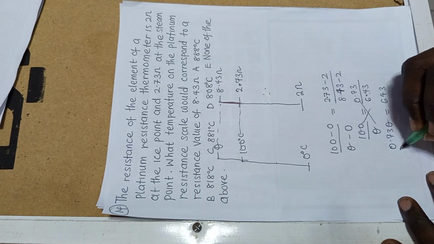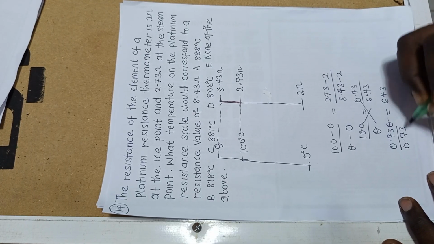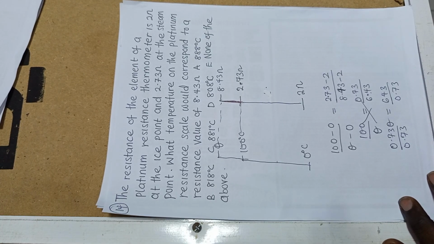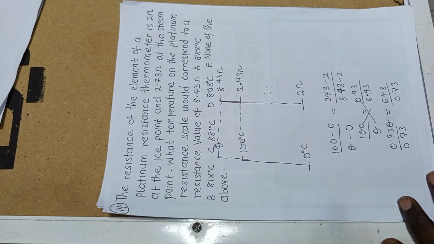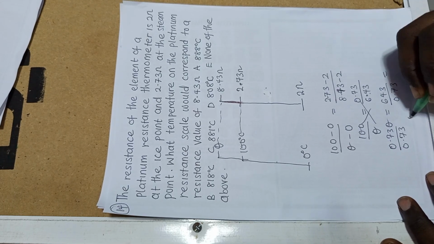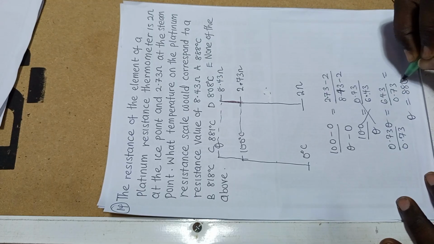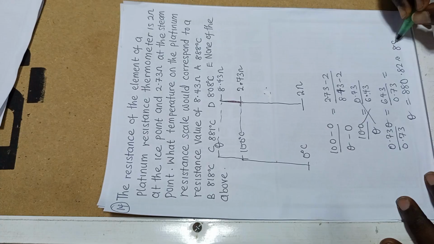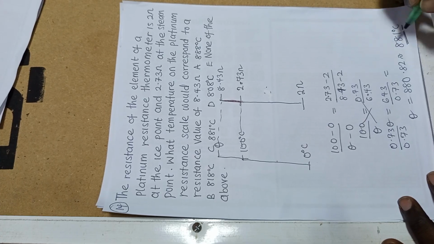Then divide both sides by 0.73. So 643 divided by 0.73 gives us 880.8. So theta is 880.82, which is about 881 degrees.